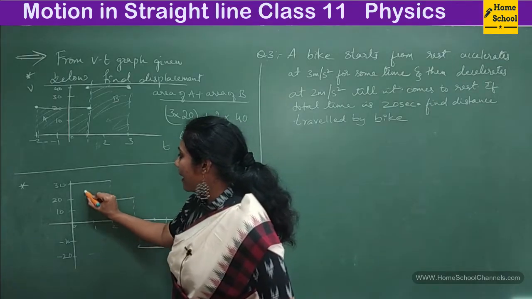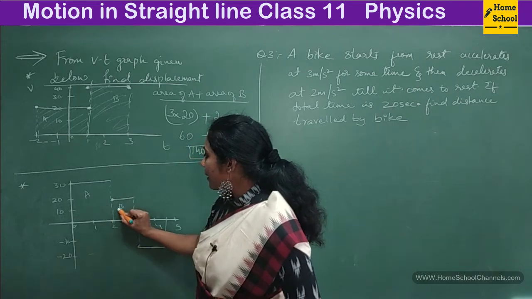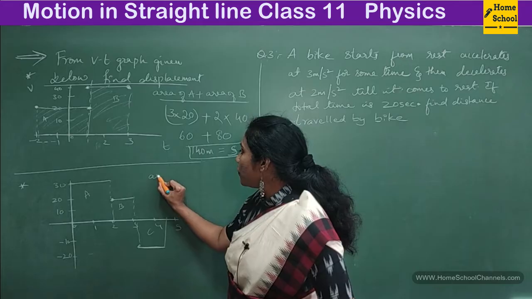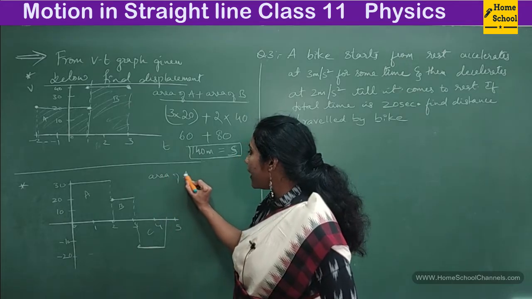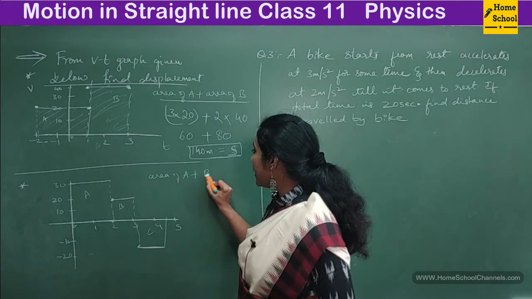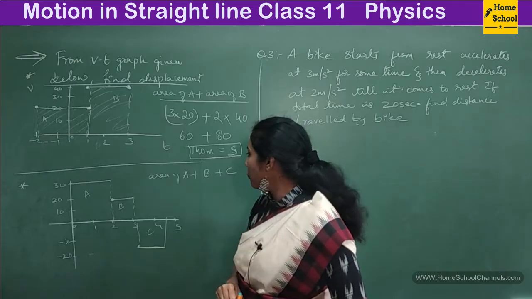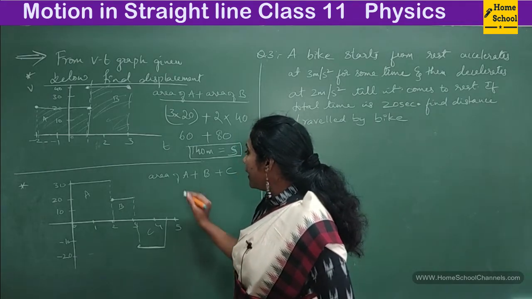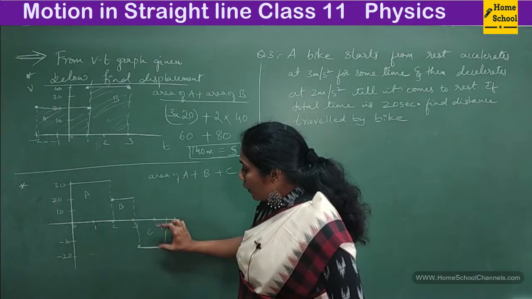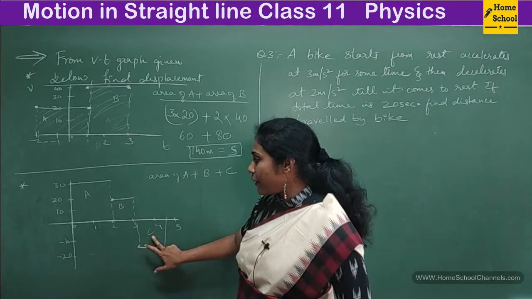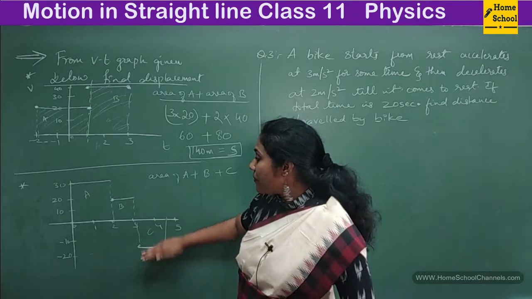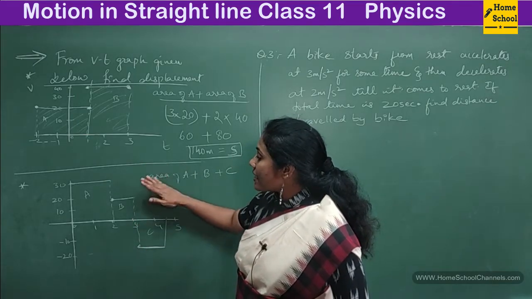This is rectangle A, this is rectangle B and this is rectangle C. So you have to find the area of A plus B plus C. But the area of C you will get with a negative sign. You know, for a velocity time graph, anything below the t-axis is negative and anything above the t-axis is positive.